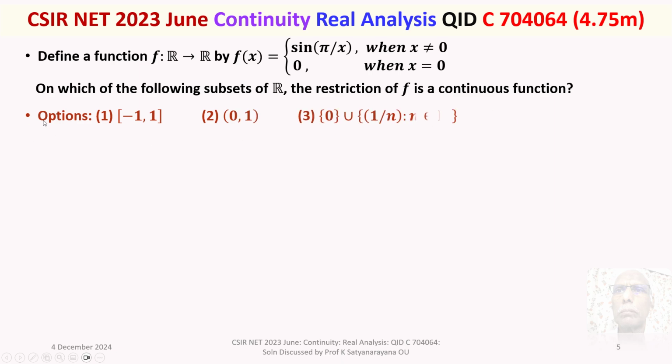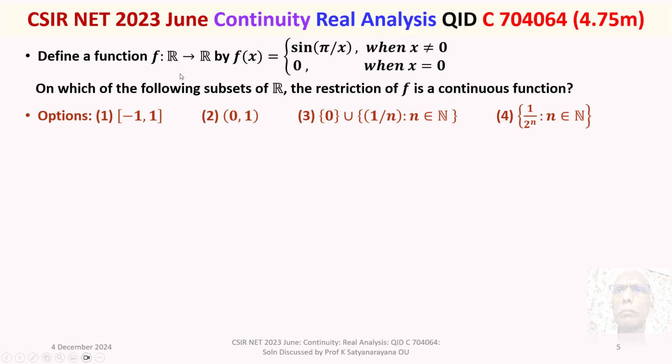We are given four options. Option 1, closed interval -1 to +1. Option 2, the open interval 0 to 1. Option 3, the singleton 0 union the set consisting of 1 by n, n belongs to the set of natural numbers. Option 4, the set consisting of 1 by 2 power n, n belongs to the set of natural numbers.